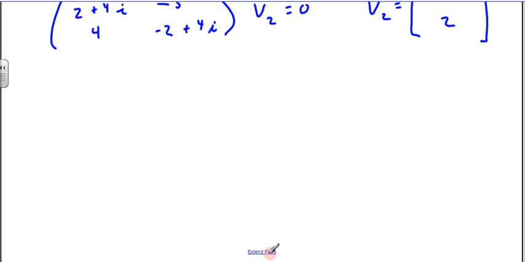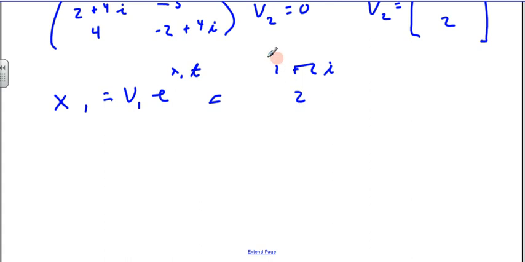So that being the case, I have x1, which is going to be v1 e to the lambda 1 t, which is going to be 1 plus 2i, 2, e to the 5 plus 4i.